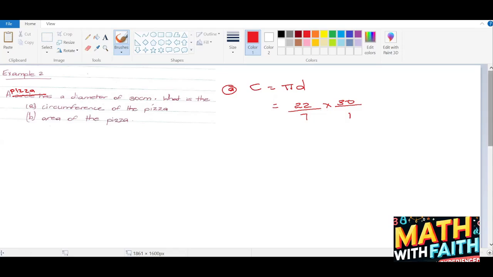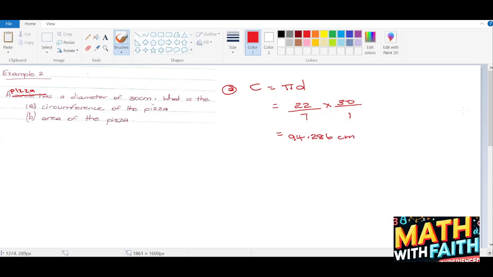When we plug that into the calculator, nothing can be reduced there. So it's 22 times 30 over 7, right? And we plug that in the calculator and we get 94.286, and circumference is just a distance around, so centimeters.